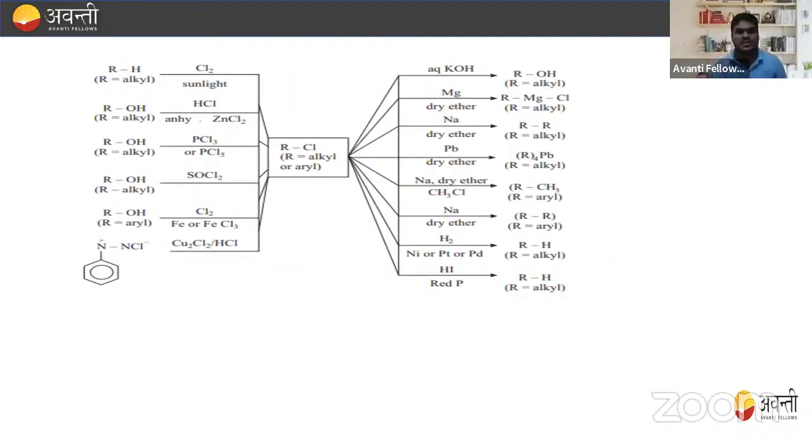Right. So these are some methods for the preparation of alkyl halides. How should we prepare this? So this is RH. When we treat RH with Cl2 in presence of sunlight, this is halogenation, and we get the structure like this.